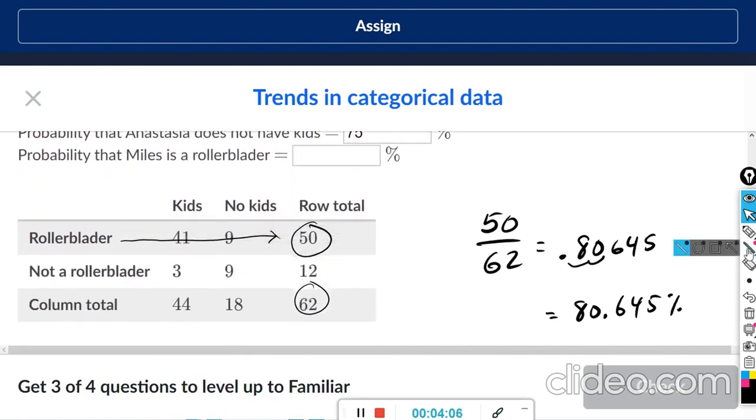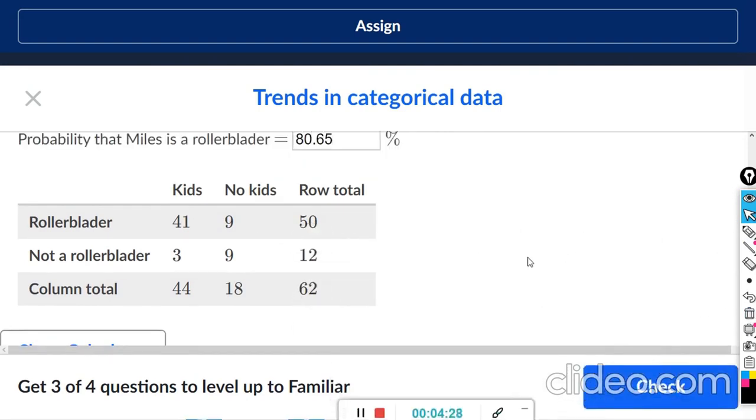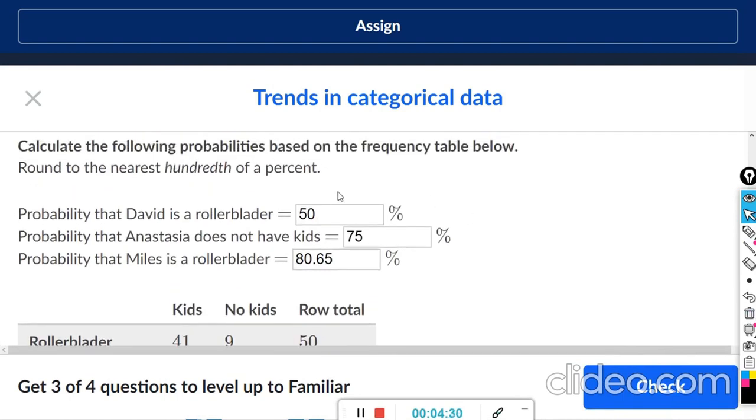So the nearest hundredth is 2 decimal places. Since this digit is 5 or more, we round it up. So that's going to be 80.65. This number here got rounded up. So in the box, it's 80.65. All right, so you just have to go by the clues that you are given.